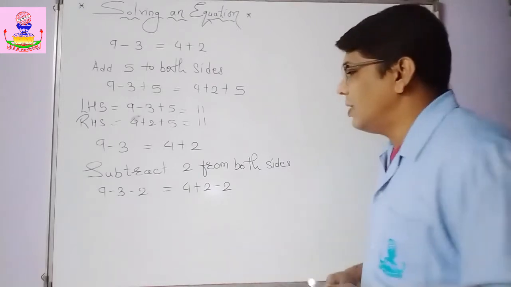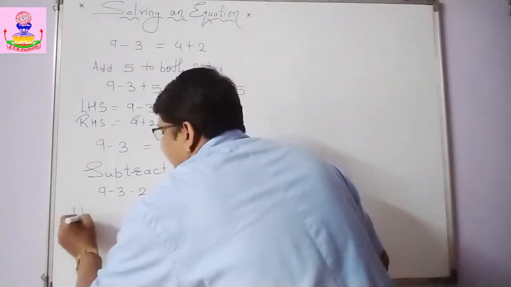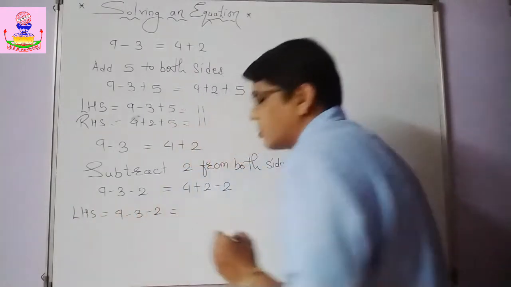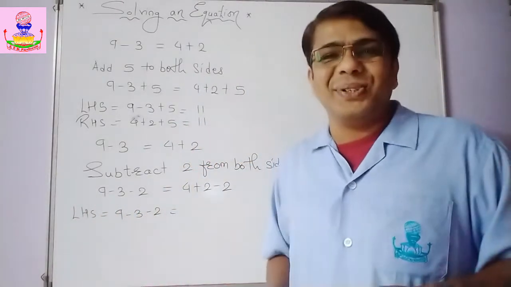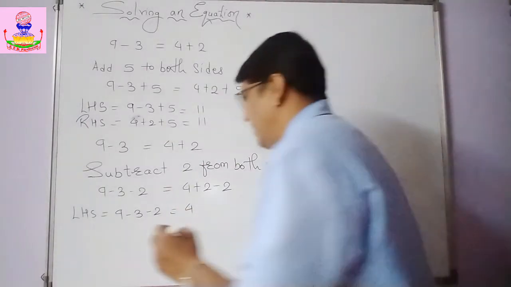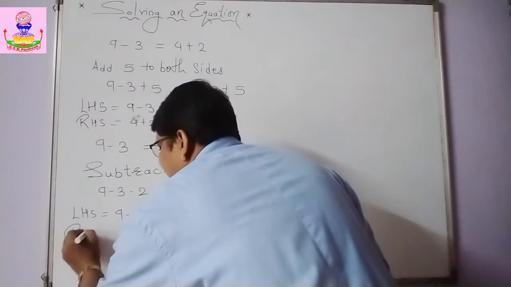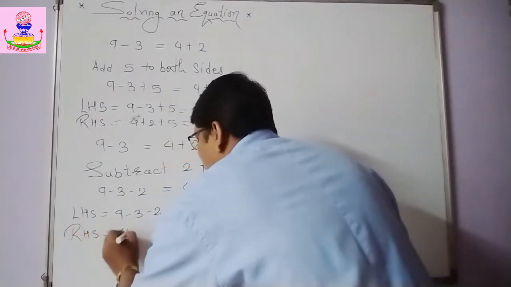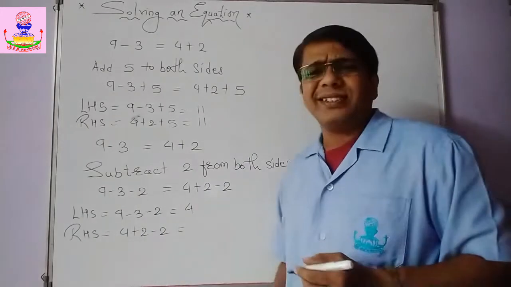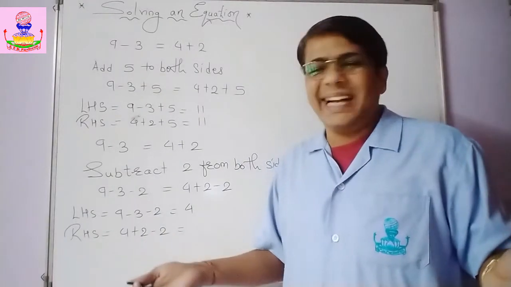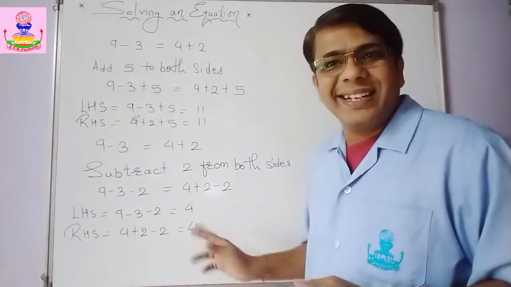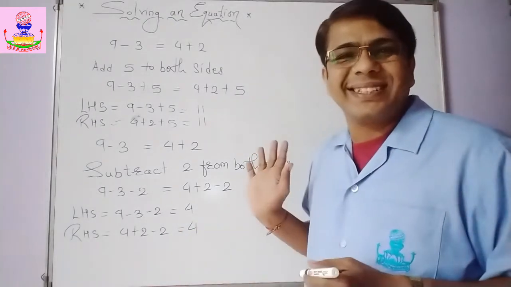Now let us see LHS. 9 minus 3 minus 2. 9 minus 3, 6, minus 2, 4. Then RHS. 4 plus 2 minus 2. Now, plus 2 minus 2, 0. And so you get 4. Again LHS is equal to RHS.